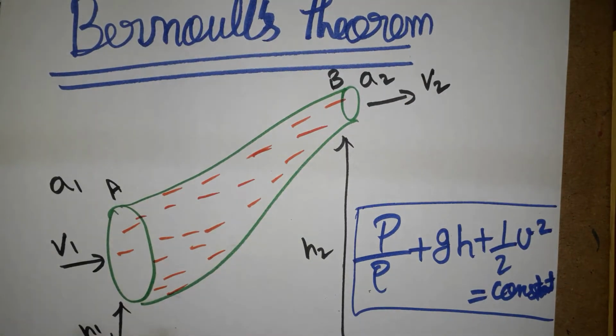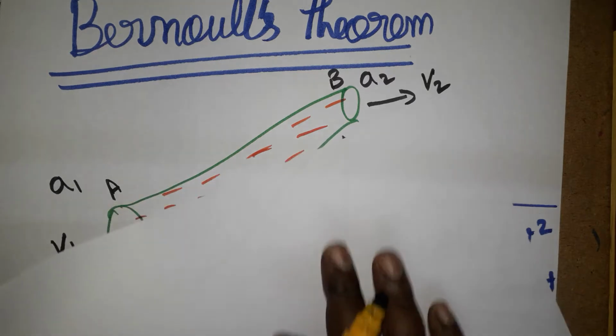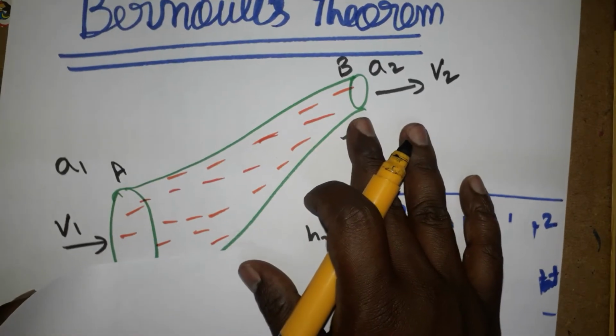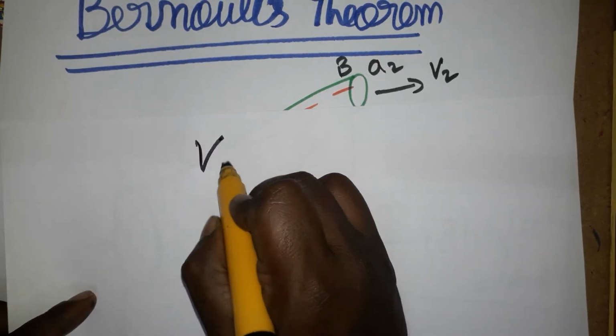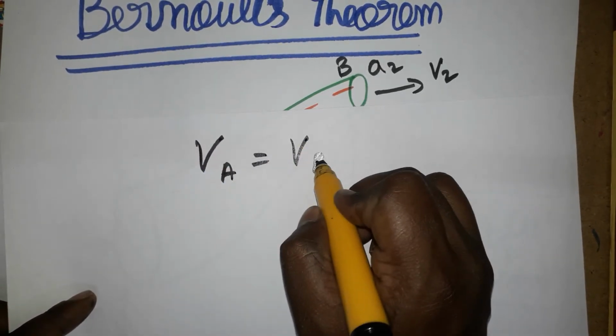Now we will see it. The total volume of the liquid flowing per unit time is constant. Volume of the liquid at A side is equal to volume of the liquid at B side.